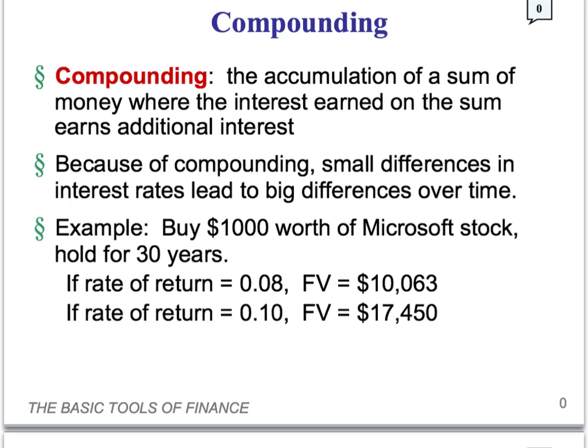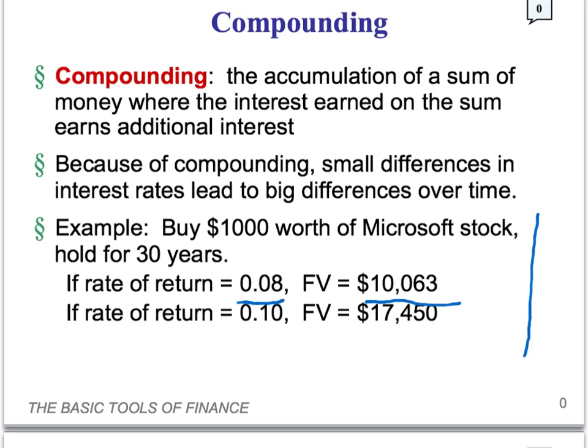Compounding really shows you the value of what an investment can do if it's held for a long period of time, and what happens with the accumulation of the interest earned on top, earning interest on your interest. I think this is a great example. If you bought $1,000 worth of Microsoft stock and held it for 30 years, if the rate of return is 8%, you're still making out very well.